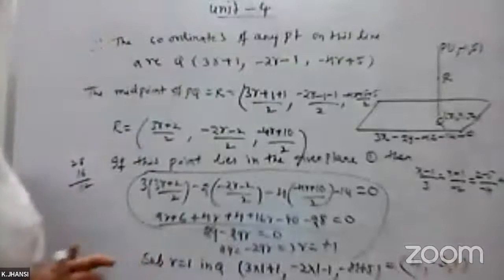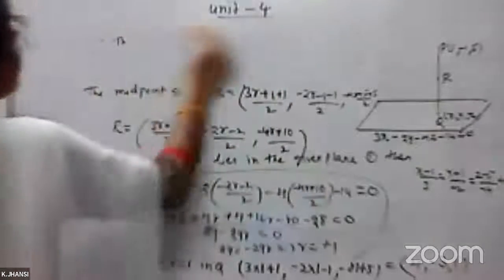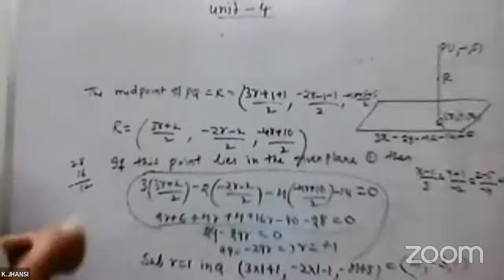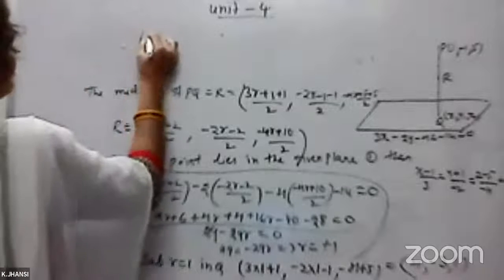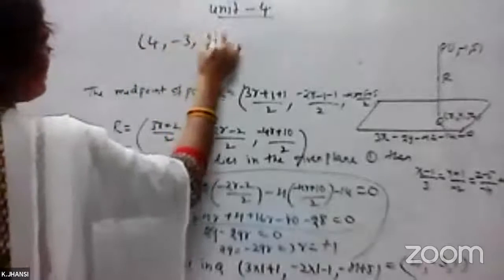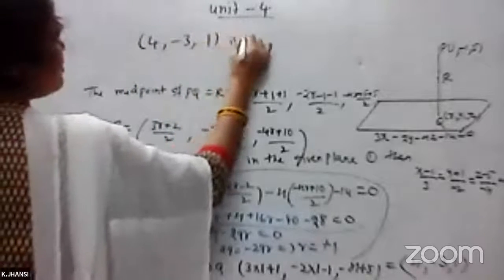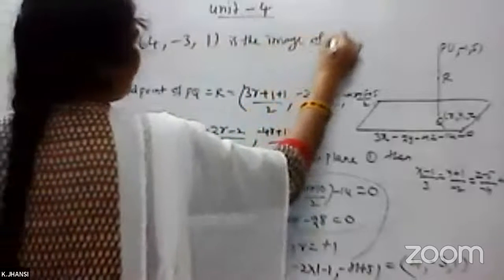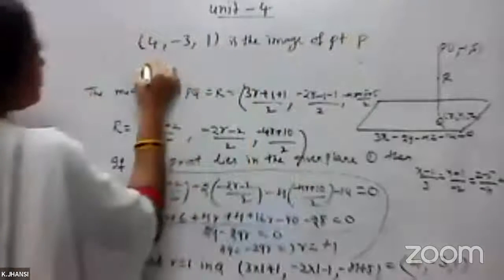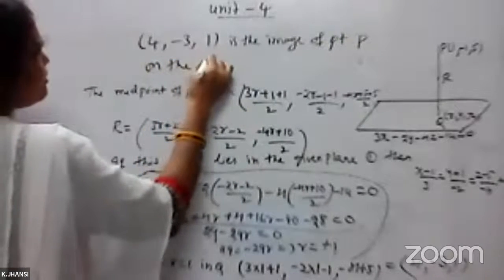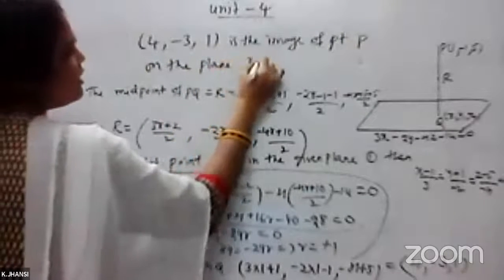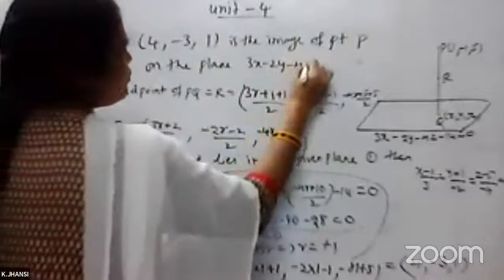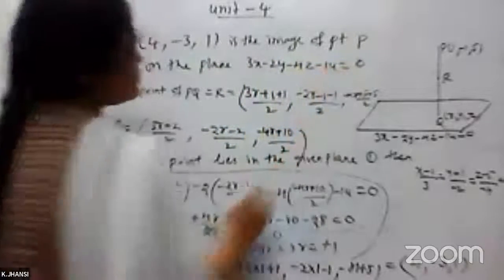So the image of the point is 4 comma minus 3 comma 1. Okay, this is the image of point P on the plane 3x minus 2y minus 4z minus 14 equals 0.